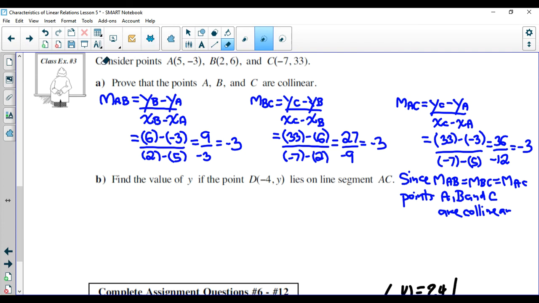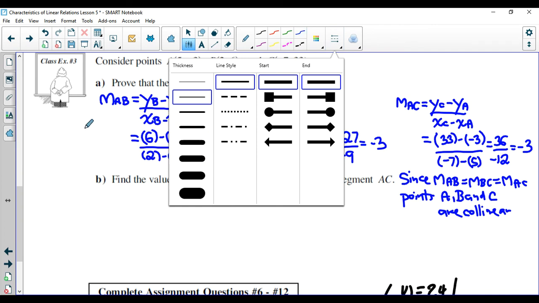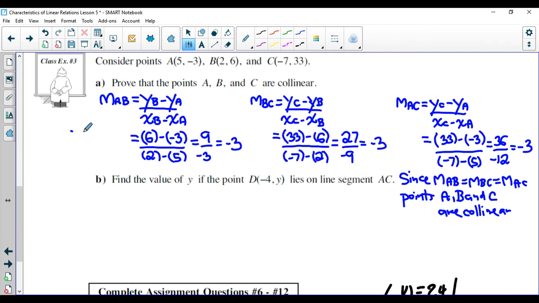So what I'm going to look for is, I'm going to calculate the slope from A to point D. If I calculate the slope from point A to this new point, point D, and it has the same slope as these guys, then it must fall on the same line.